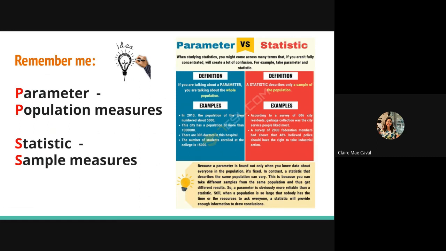Because a parameter is found out only when you know data about everyone in the population, parameter is fixed. Okay, it is fixed. On the other hand, statistic that describes the same population can vary. So meaning statistical values are variable because you can take different samples. Like I said earlier, you can take different samples from the same population.